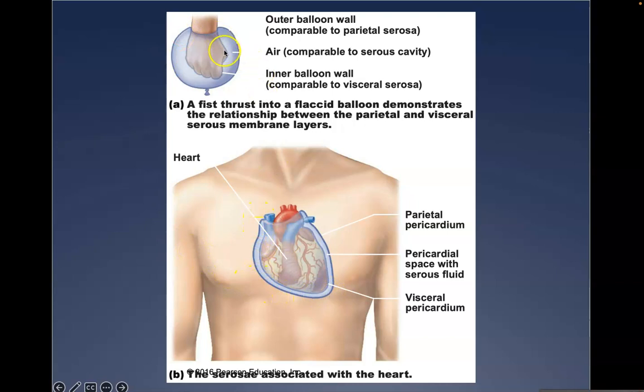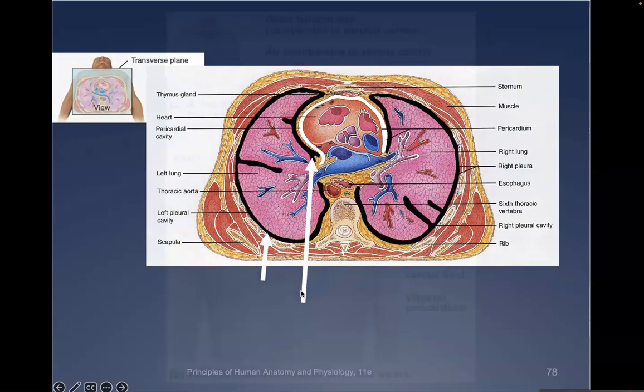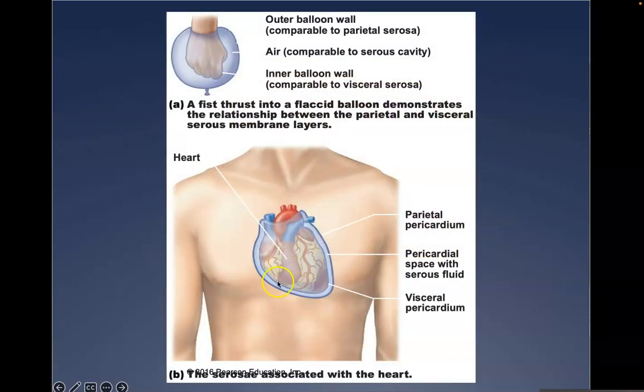The inner layer, as it folds back on itself and is right up against the heart, is the visceral pericardium. So this is the visceral pericardium, this inner layer here. And in between is called the pericardial cavity. So this space between the visceral and the parietal layer is the pericardial cavity.